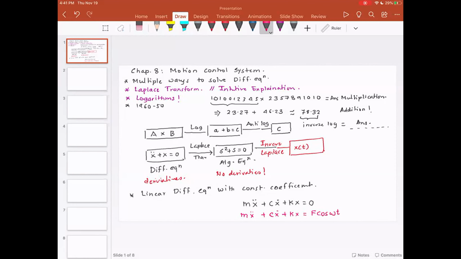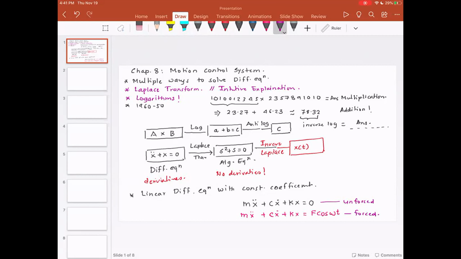So you have the forced problem and you have the unforced problem. So this is unforced and this is forced. Laplace transform can solve equations like these very easily.